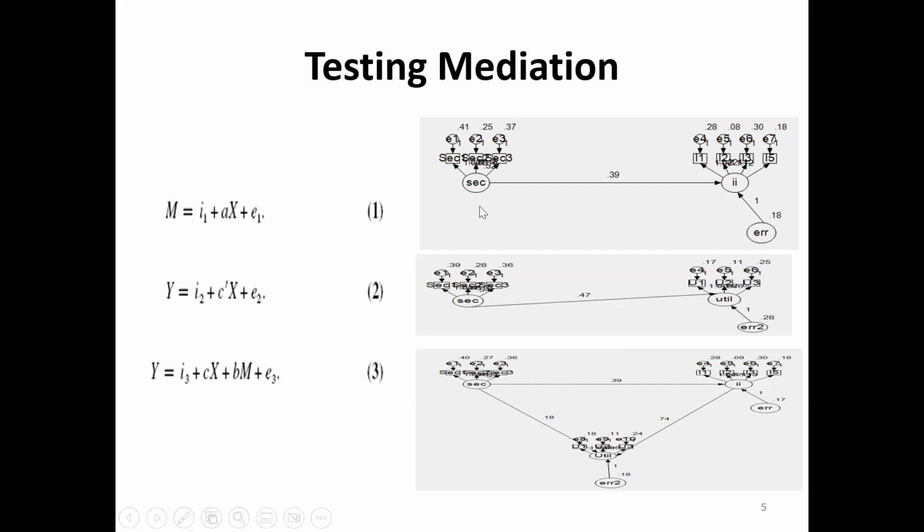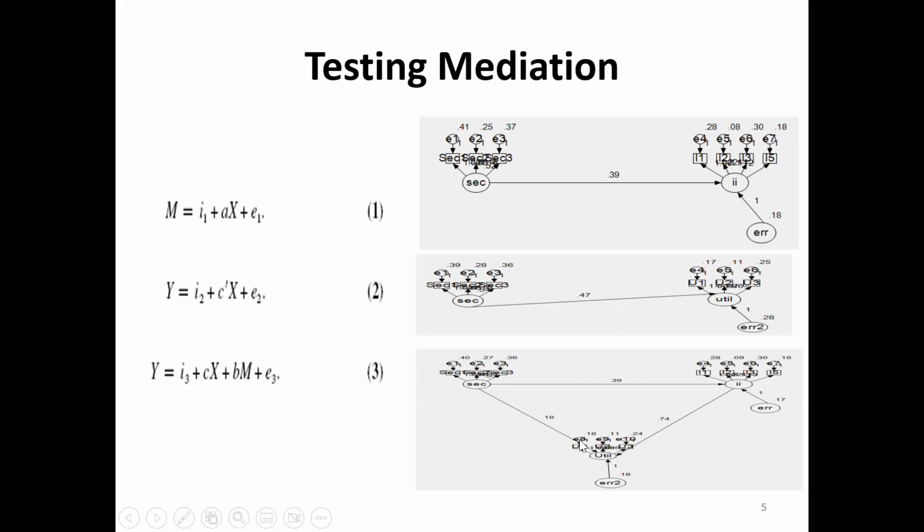So in case of no mediation, this will not be significant. This path from security to utility will not be significant if there is no mediation effect. If there is a full mediation effect, that means this direct path from SEC to utility, security to utility, will not be significant in the third equation, irrespective of whether it is significant in the second equation.